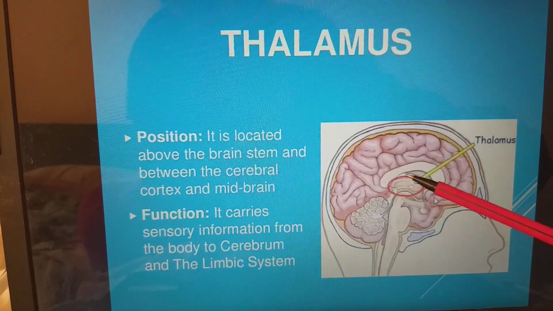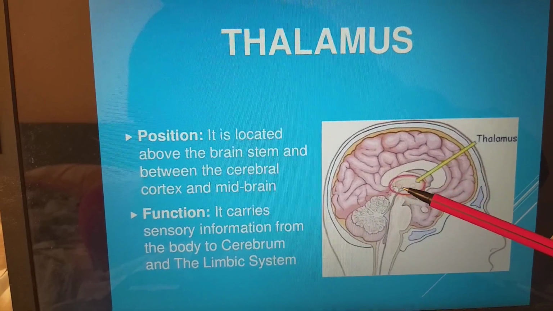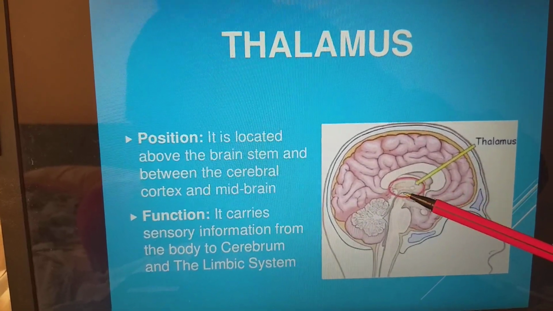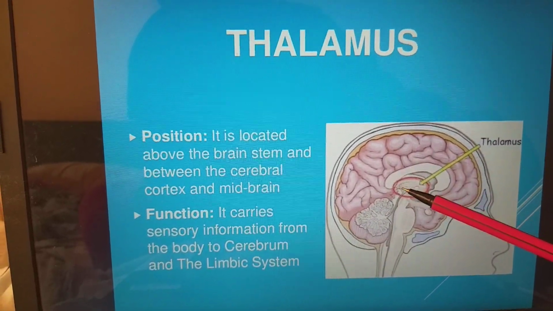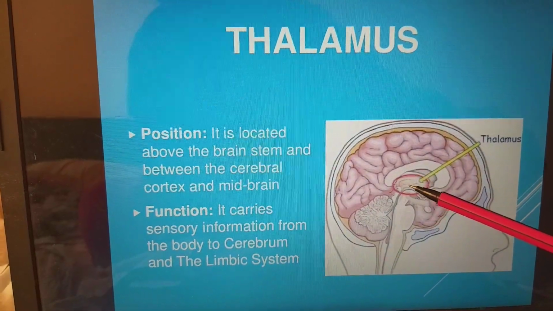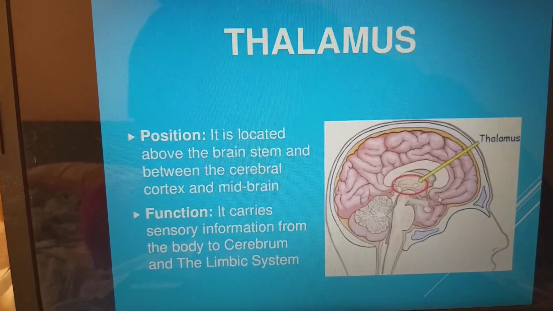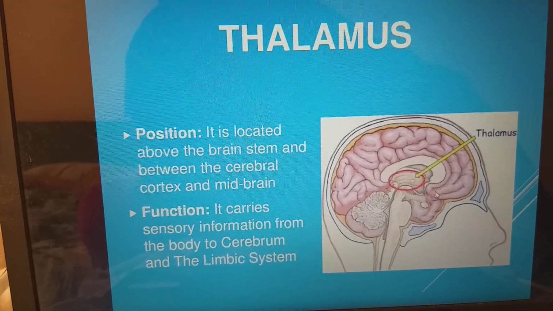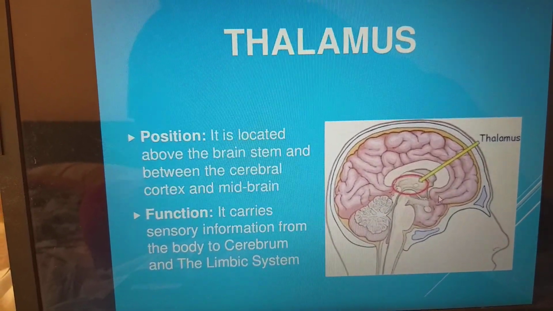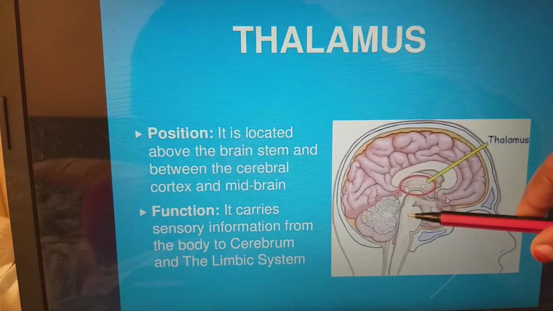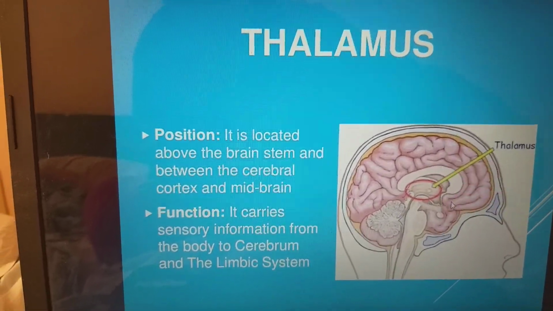So this system we call the thalamus. Sensory relay station: all the sensations will come to this station. From here it is distributed over the remaining areas of the cerebral cortex. Coming to the functions, it carries the sensory information from the body to the cerebrum. So in between it will act as a relay station.